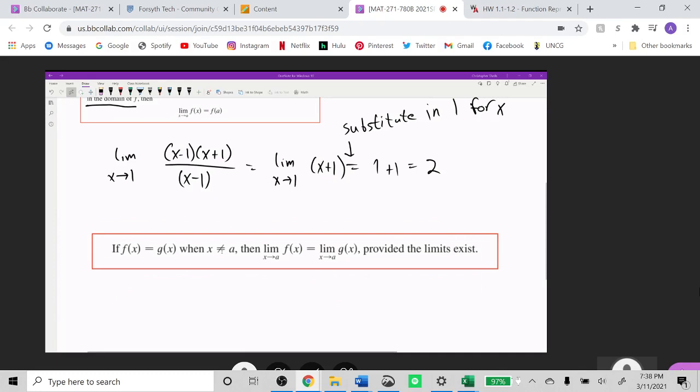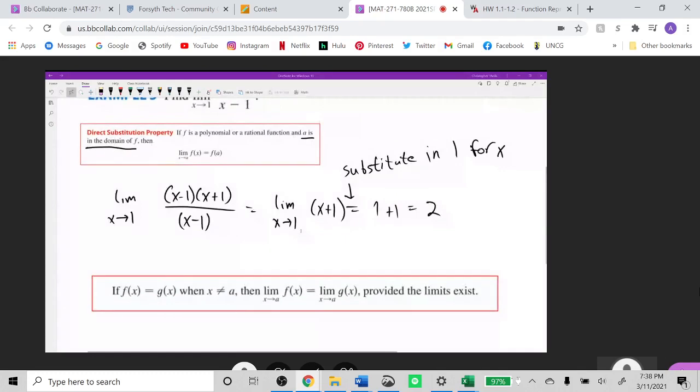So if these two functions are the same when x is not a, then their limits are the same as x approaches a.